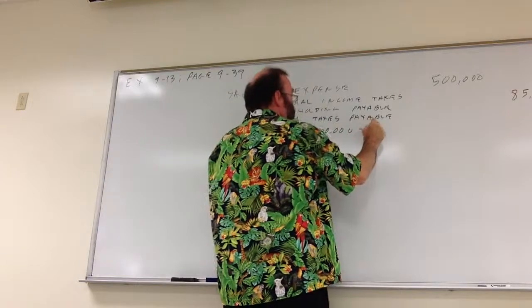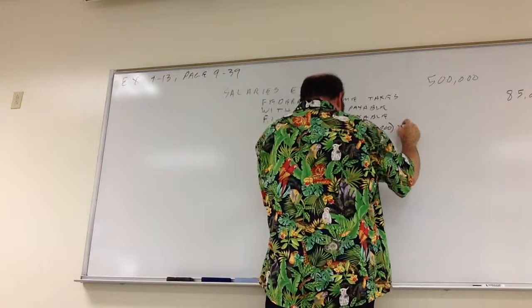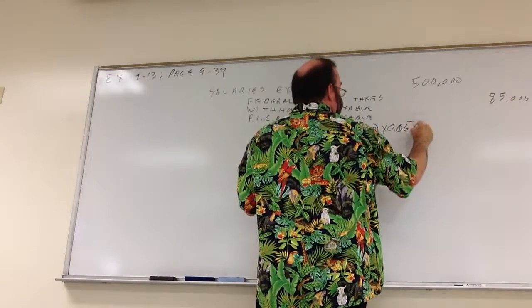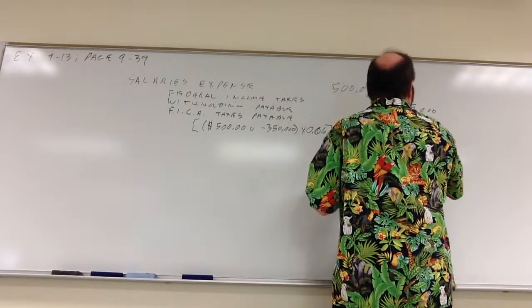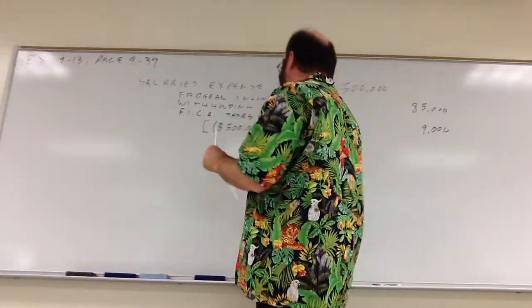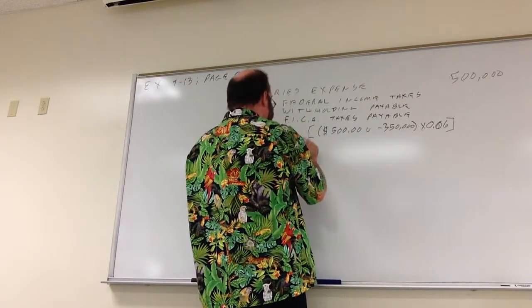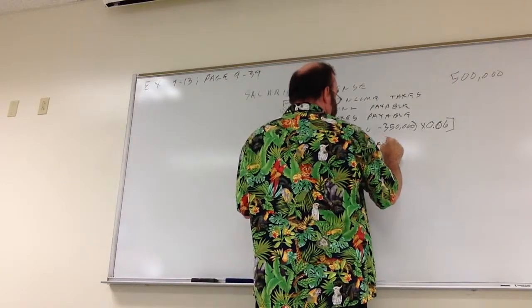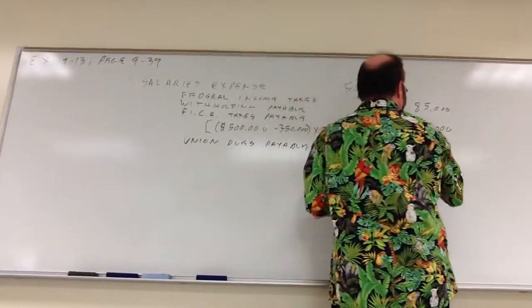So you take the total payroll, deduct those that have reached the limit, and then multiply that by the employee portion, which is 6%. And that'll give you $9,000, because 150,000 times 6% is 9 grand. Then you have the union dues, and the problem tells you that was 10,000.